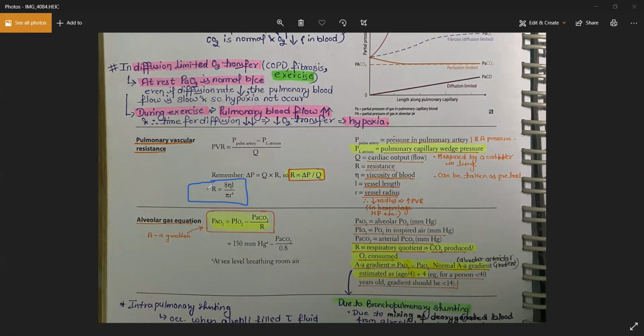The flow will ultimately decrease. If the cross-sectional area is increased, more blood can easily flow and less resistance will be offered by the vessels. So remember this formula: resistance equals 8 times the viscosity multiplied by length, divided by pi times the radius to the power 4. So that's about the pulmonary vascular resistance.